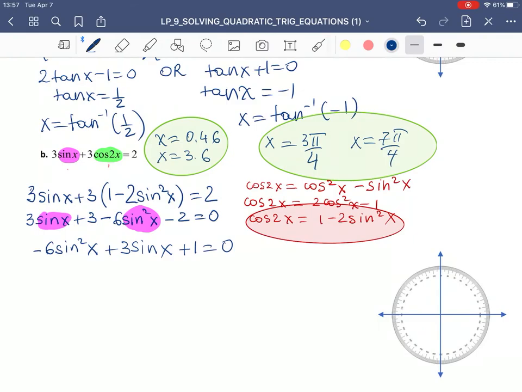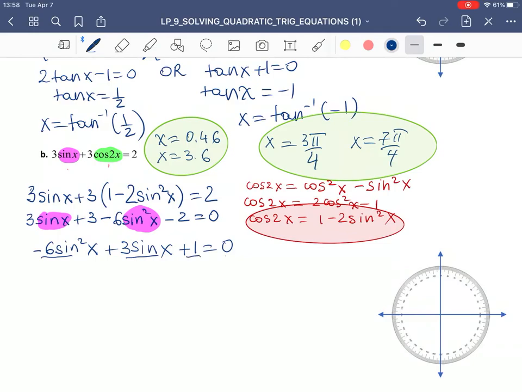Now, we have to solve this equation, but we don't want to have a negative leading coefficient. It's better to replace it with something positive. And since we are in an equation, we have the luxury of doing it because we can do the same thing to both sides of the equation and nothing will change in it.